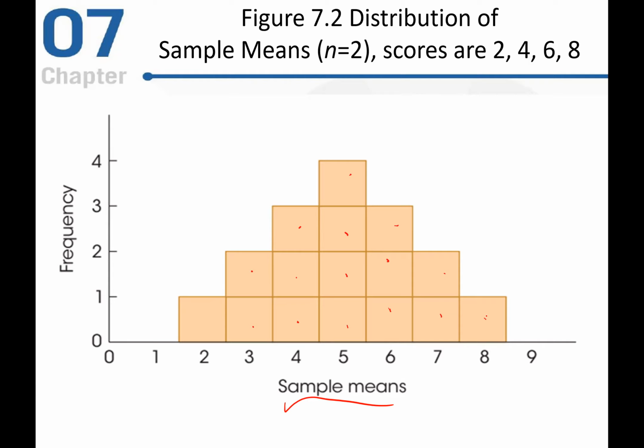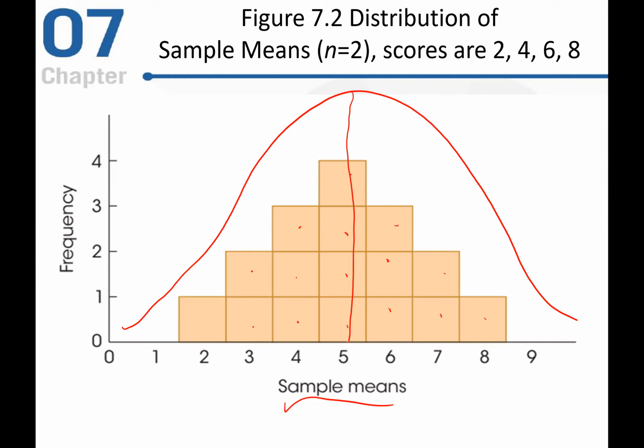As you can see, if we plotted all of those samples, they form a normal distribution, where the majority of the sample means are relatively close to the average of the sample means, which is equivalent to the population mean.